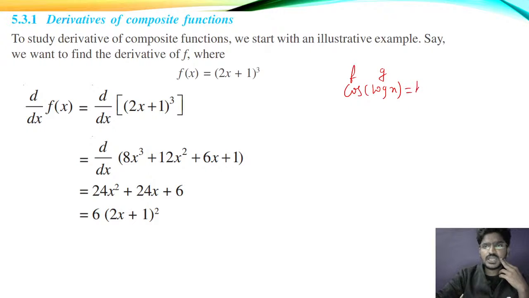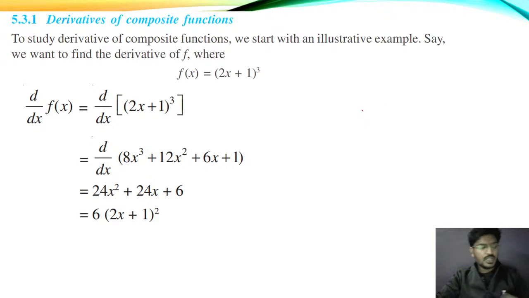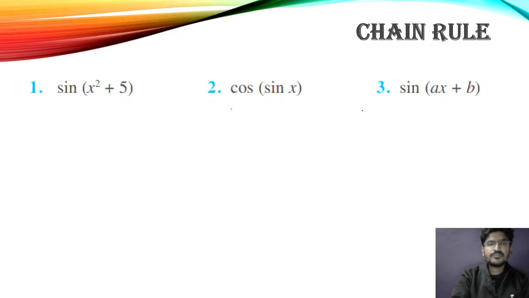Together I can call it h of x, or f of g, that is f o g. So h of x is in the form of f of g, where f is cos and g is log. These types of functions are called composite functions. No problem. Let us move to the next slide.